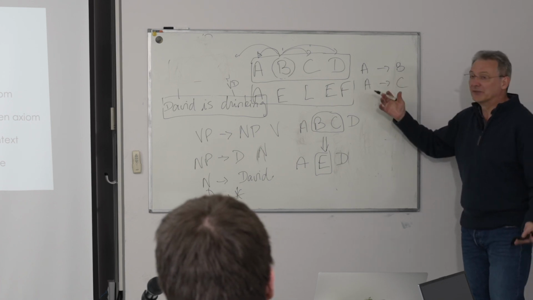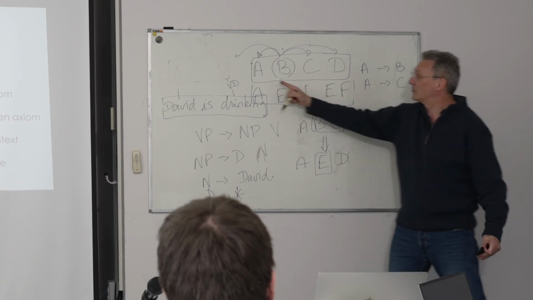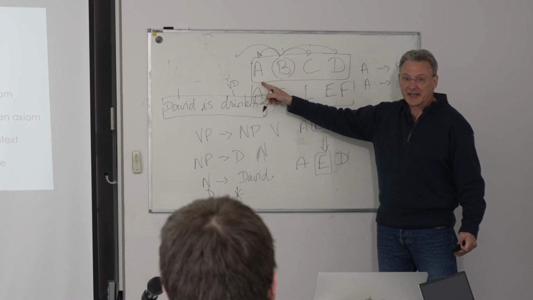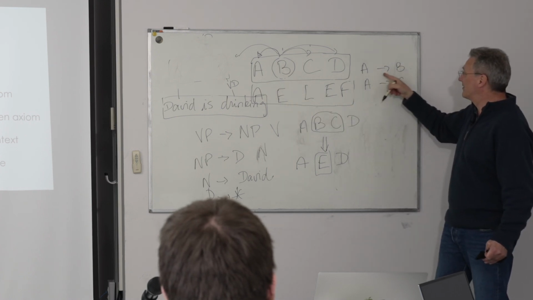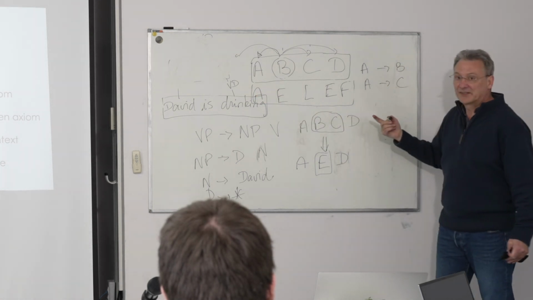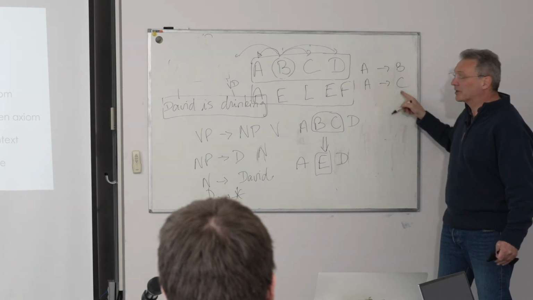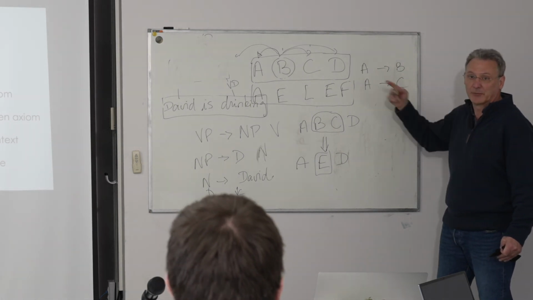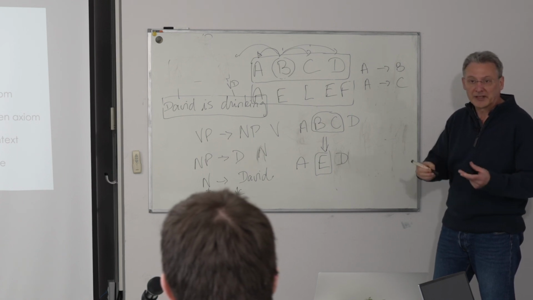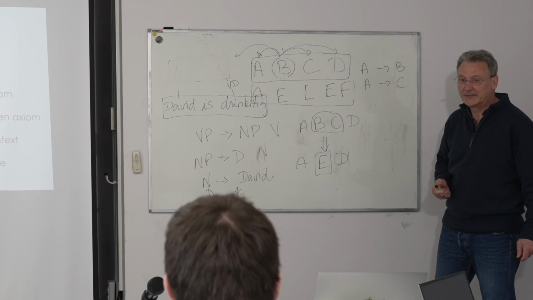So I say the first rule is the one with priority, and when I read this string and encounter an A, since A gives B is first, I will use this rule first. But you need a mechanism to ensure that the second rule will be reached, because otherwise it won't be reached at any point. So it's a bit more complex, but it is a way to get rid of the non-determinism. Okay?